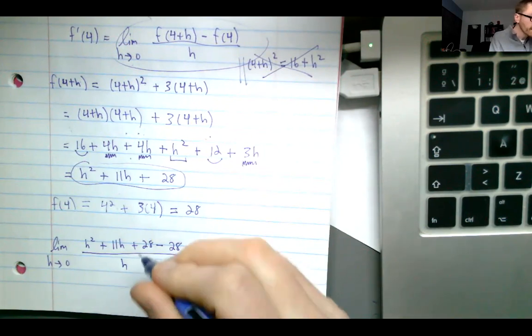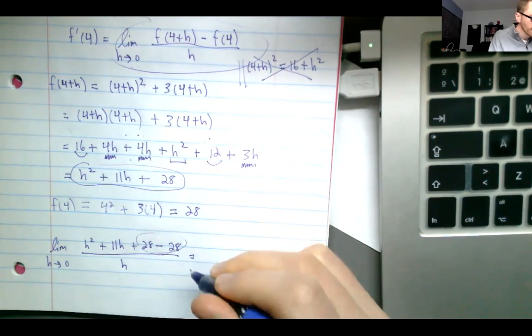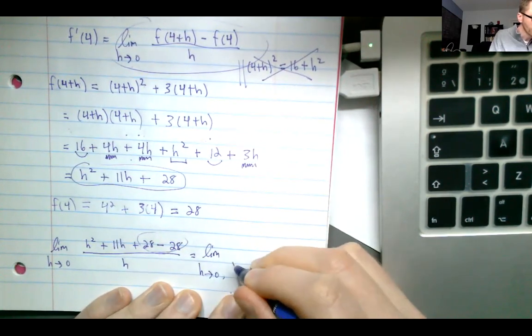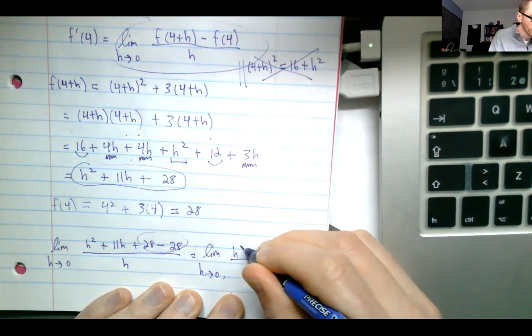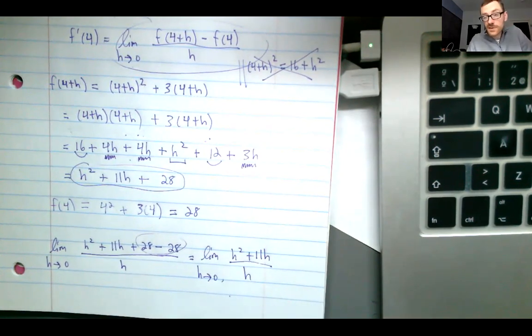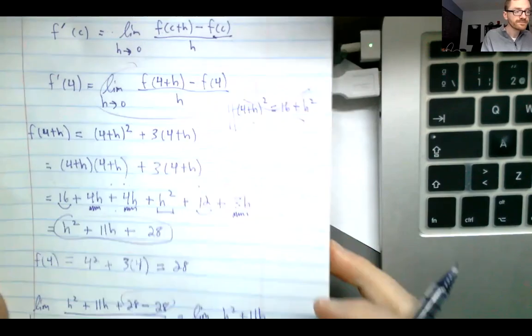An obvious simplification that can be done is this right here: 28 minus 28, that's nothing at all. So that's the limit as h approaches 0 of just h squared plus 11h over h. But there's still more simplification to be done. The numerator can be factored. There's a common factor of h in these two terms, and I need to pull out that common factor.